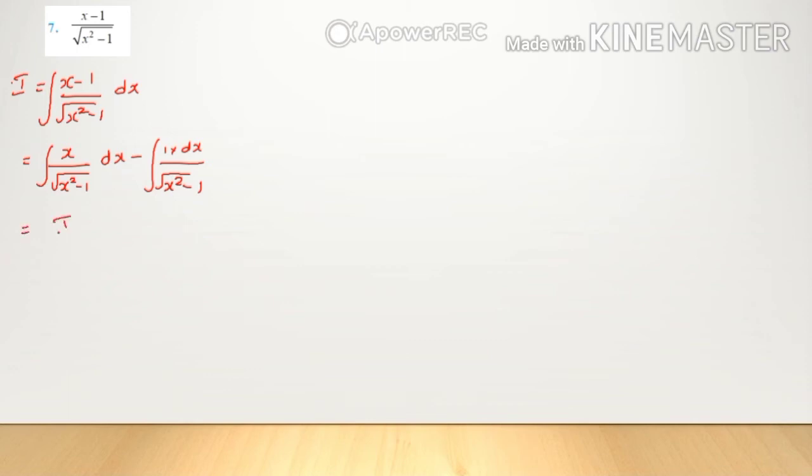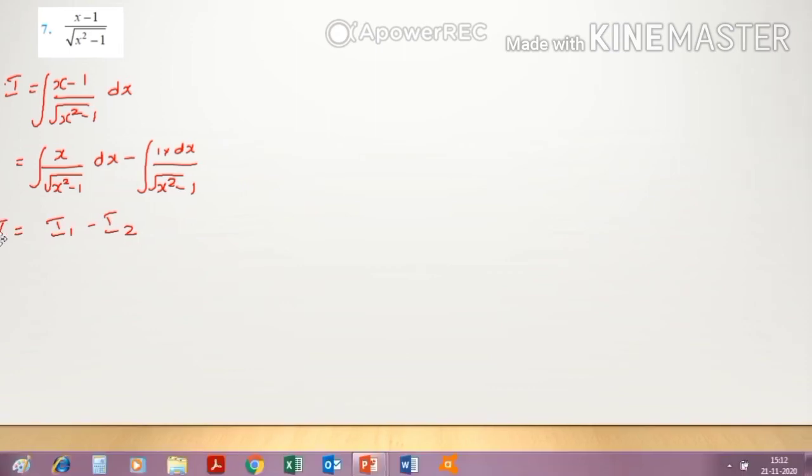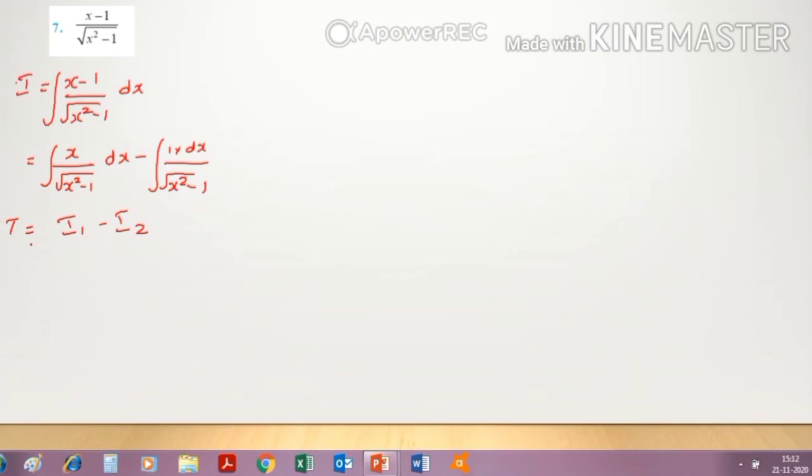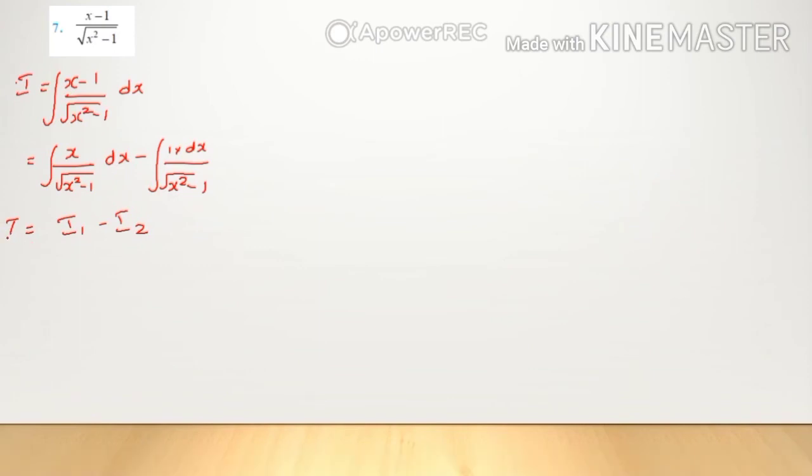So that is I1 minus I2, where I1 is the integral of x divided by square root of x square minus 1 and I2 is the integral of dx divided by square root of x square minus 1. We have to find the value of I1 first and then I2, and subtract these two in order to get the value of I.